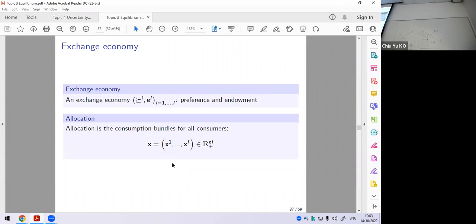But if it's an exchange economy, can these consumers give some of their products in order to exchange for some other product? Yeah, that's what the exchange economy is, they exchange the things.